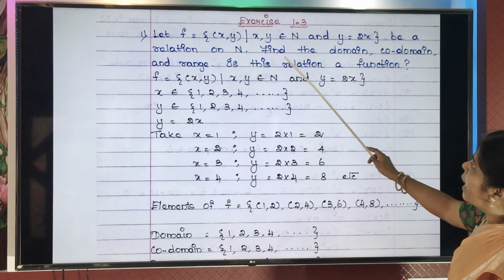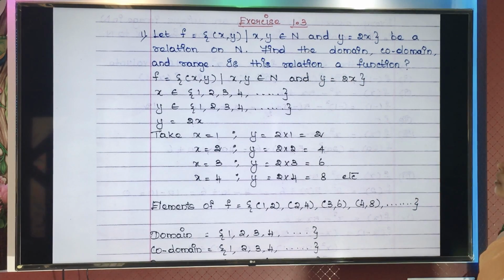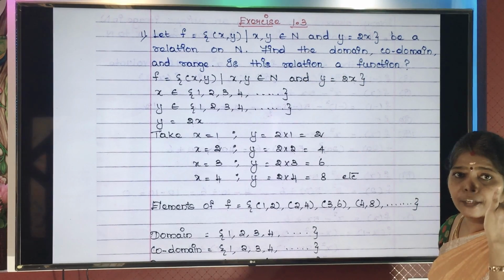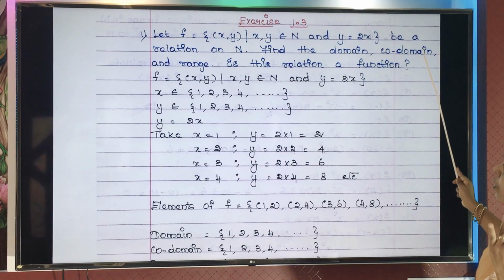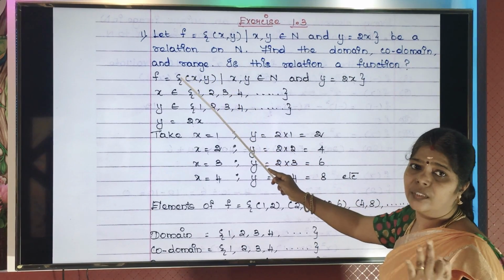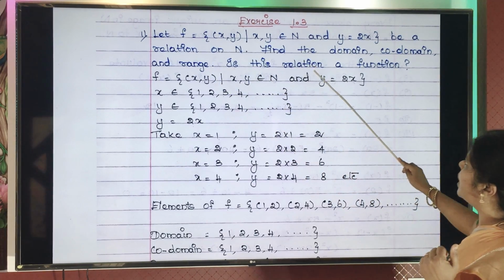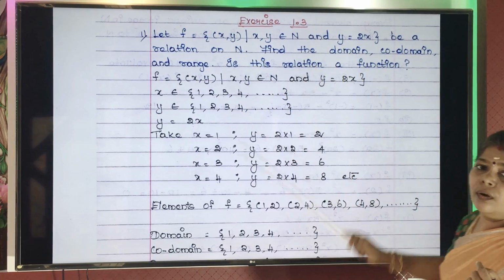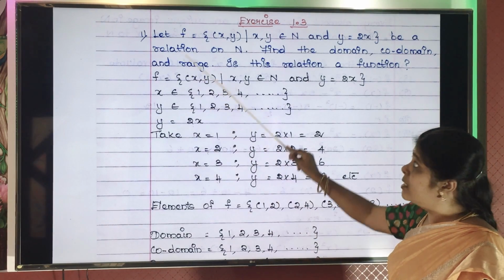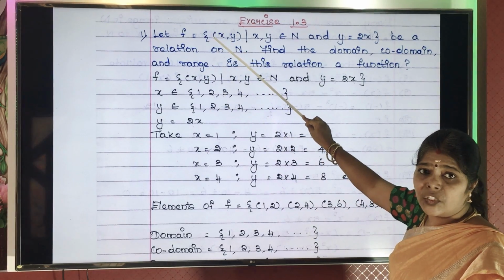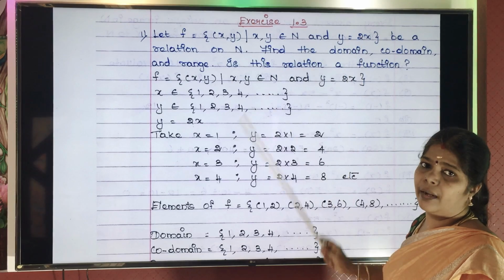Now find the domain, codomain and range. All these three we have to find. Is this relation a function? So the question asked is whether the given relation is a relation or a function.